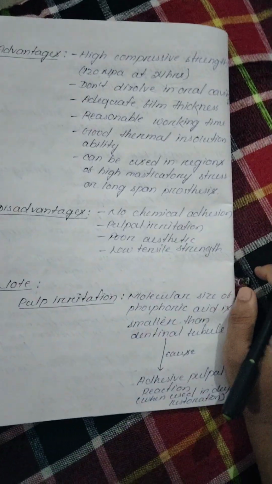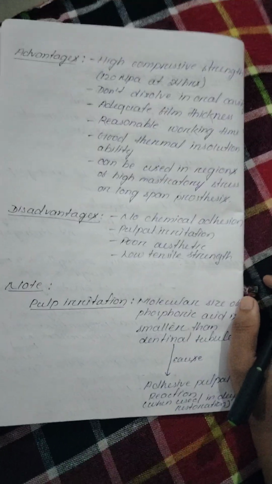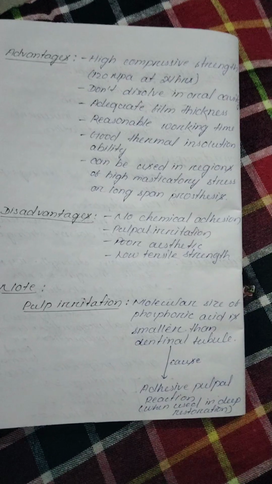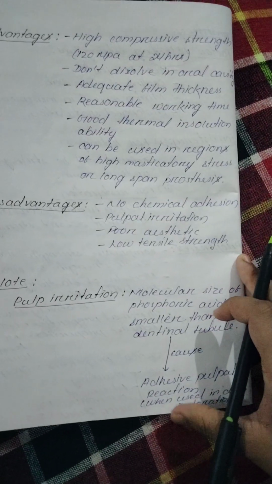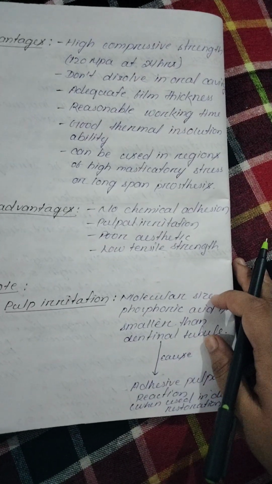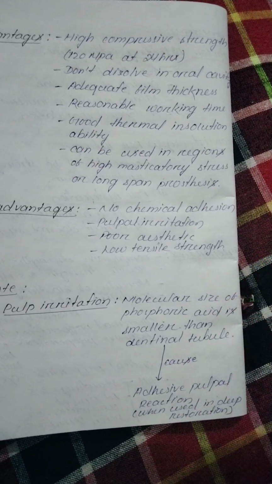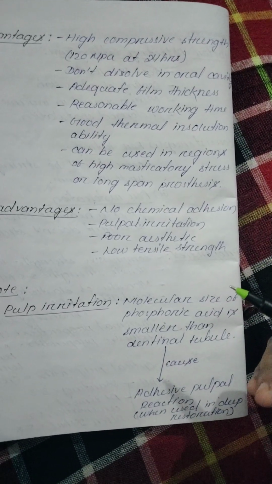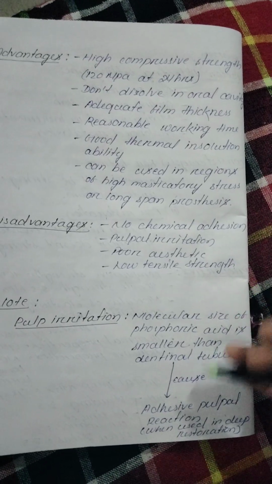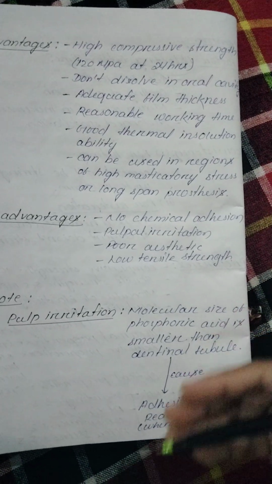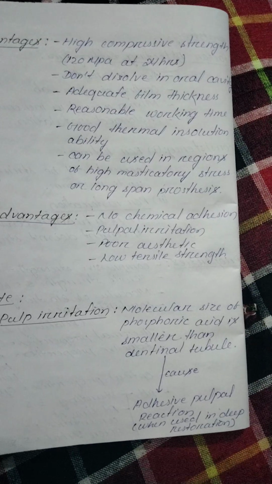Now we can note something about pulp irritation. What is pulp irritation? Pulp irritation is due to the difference between the oral cavity pH and the pH of the zinc phosphate.